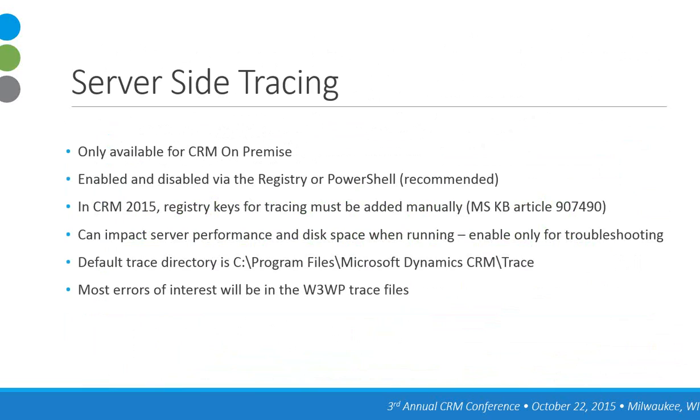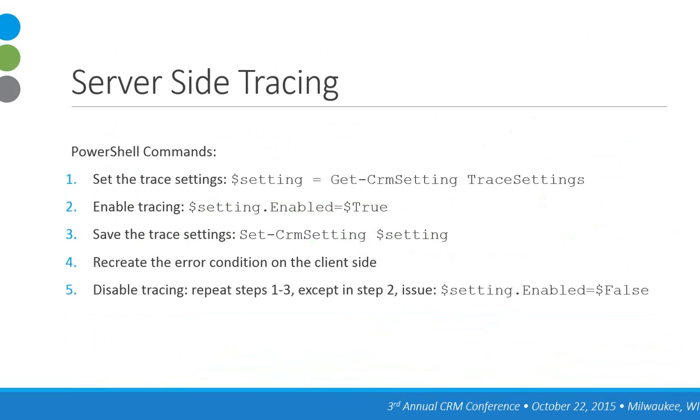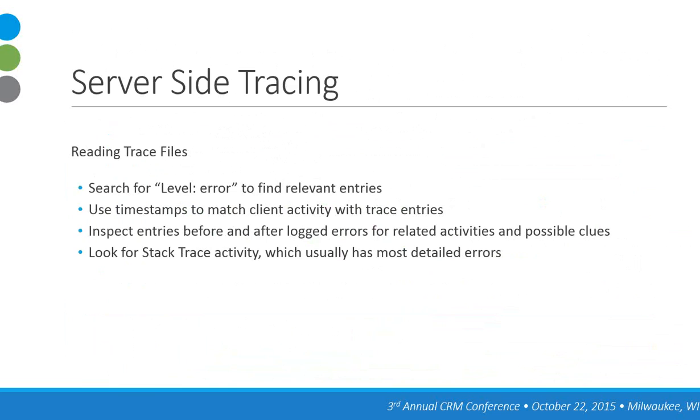Now here are the PowerShell commands for enabling this. You want to first set the trace settings, and then enable the tracing, and then save the trace settings, recreate the error, and disable them. Next, once you open those trace files, you often want to search for the level: error to find any relevant entries.